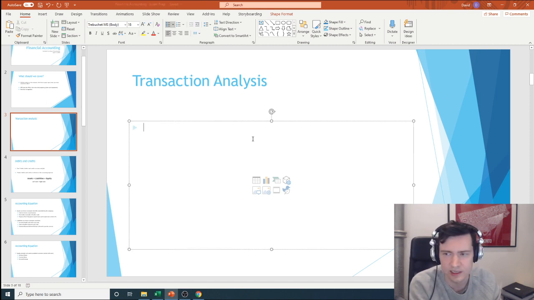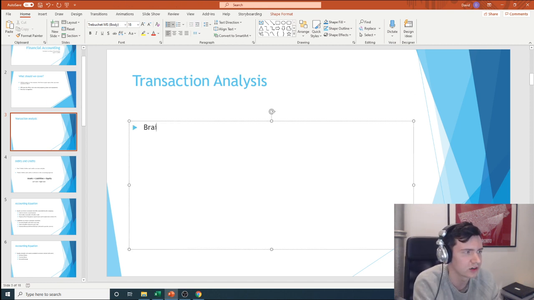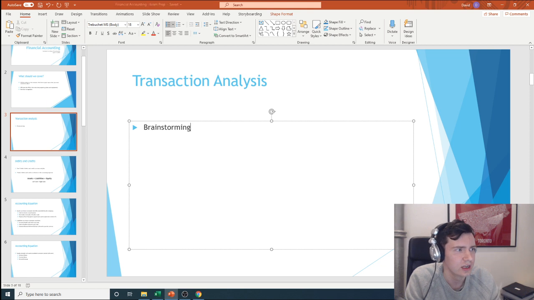And transaction analysis is actually just our brainstorming stage of identifying events, economic events, or transactions between different parties, and trying to see what's going on.